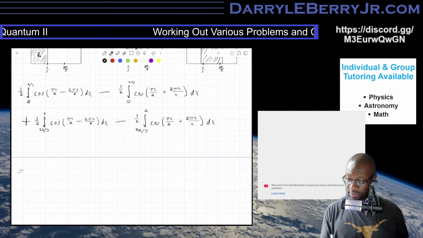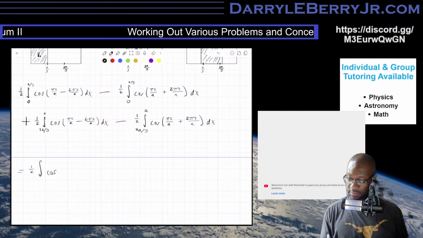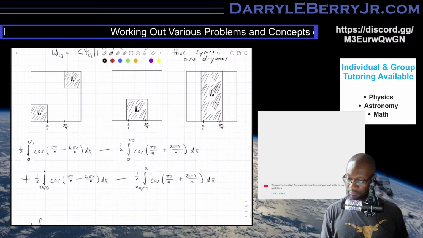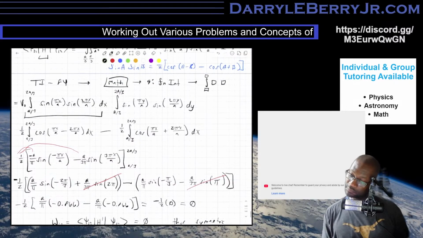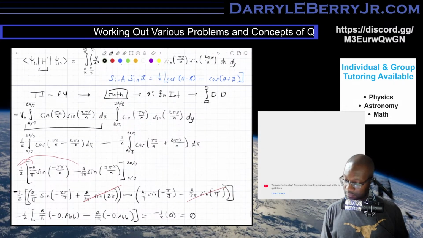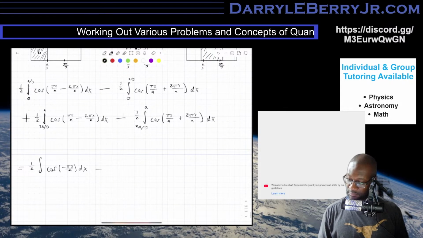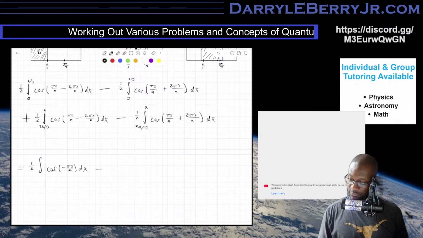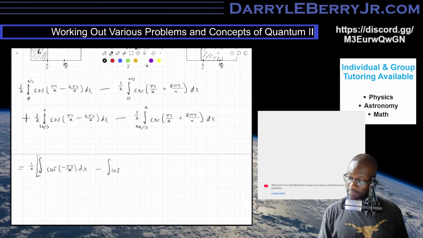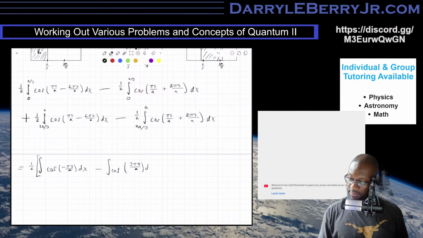So this would give us 1/2 times the integral of cosine negative pi x over a dx minus cosine 3 pi x over a dx.